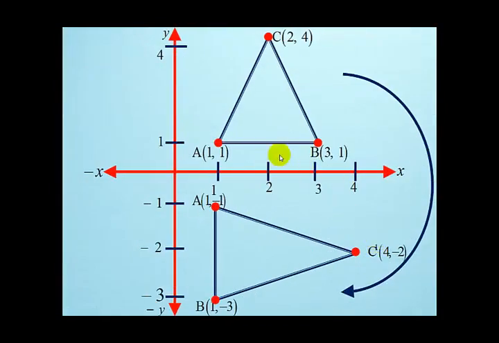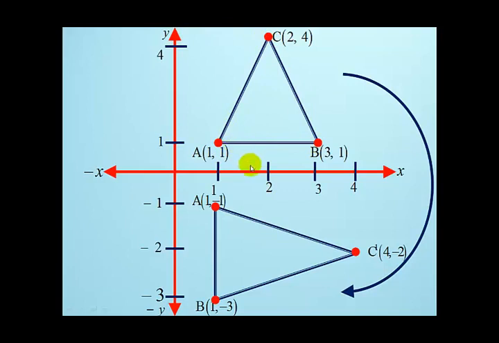Now on the graph, we have (1, 1), that is 1 on the x-axis, 1 on the y. This is the point. We also have (3, 1), 3 on the x, 1 on the y, and we have (2, 4), that is 2 on the x, 4 on the y. These are the three points, so we join them to form the triangle.